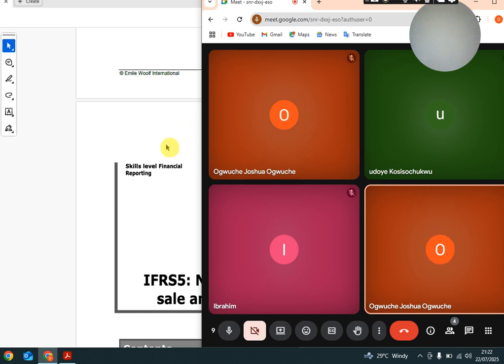If these requirements are not set by the standard setter, management will be using this standard to aid window dressing or creative accounting.